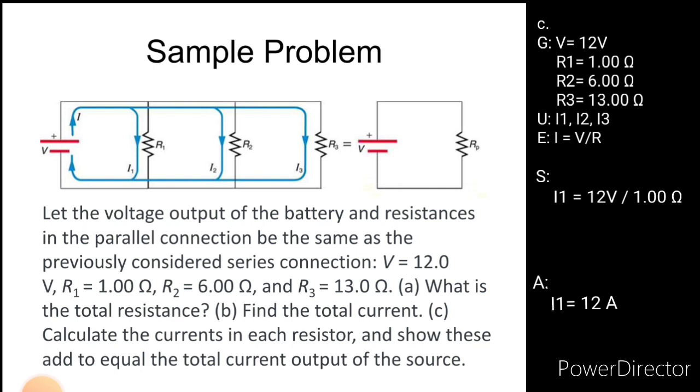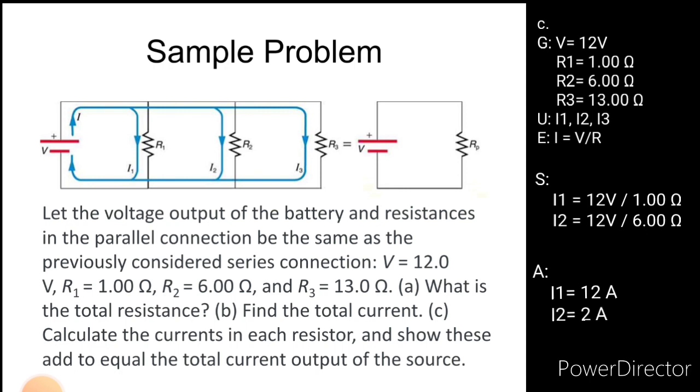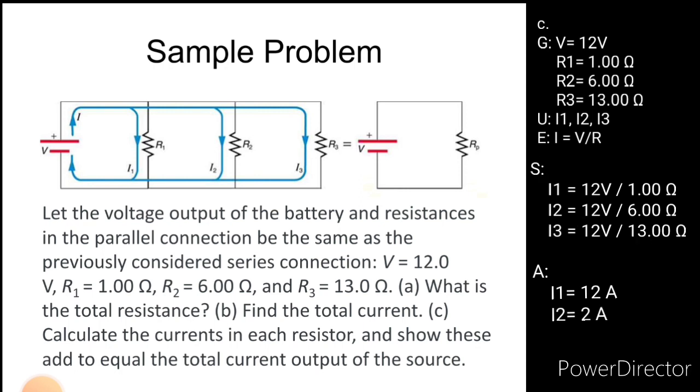Sa R2 naman, again, similar formula, I is equal to V over R2. This time, R2 naman ang gagamitin natin. So that would be I is equal to 12 volts divided by 6 ohms, and that would give us 2 amperes. And finally, I3 or I in resistor 3, again, same formula, V over R3 naman.